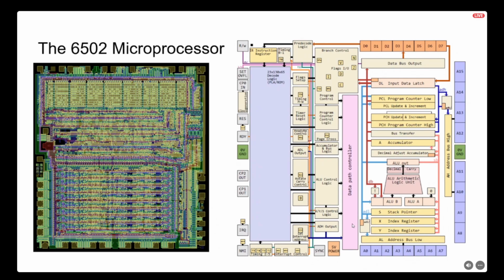Individual CPU families are structured differently, which is why assembly is specific, or native, to each CPU. You've also got your stack pointer here, your X and Y index registers, and your address bus as well.